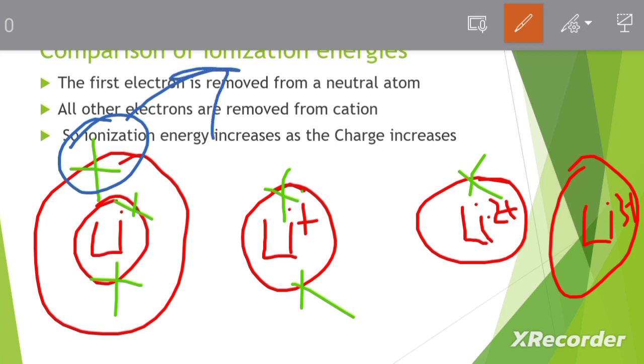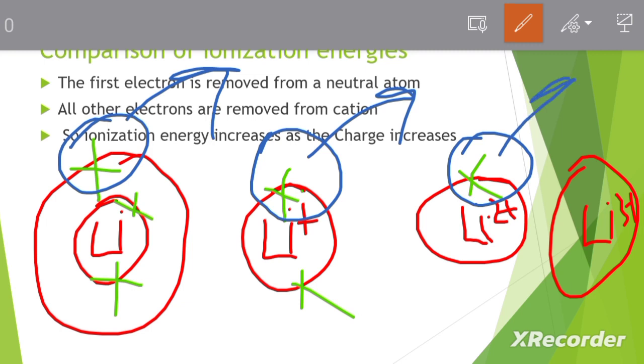Then by supplying the second ionization energy, we remove this electron or this electron, both the same. I am going to point to this one here. By supplying the third ionization energy, we remove this particular electron.